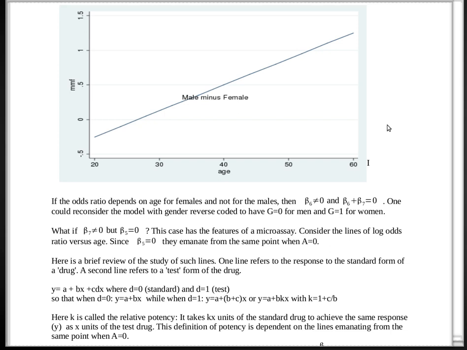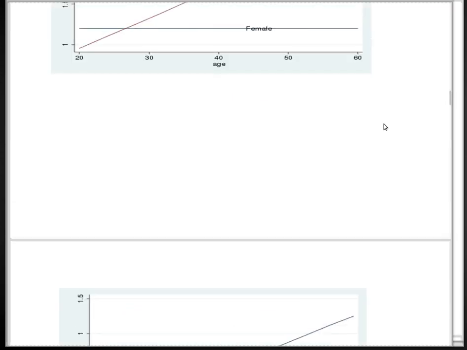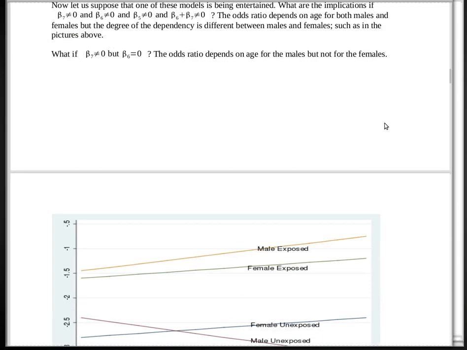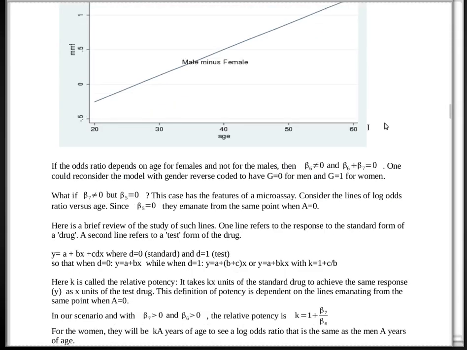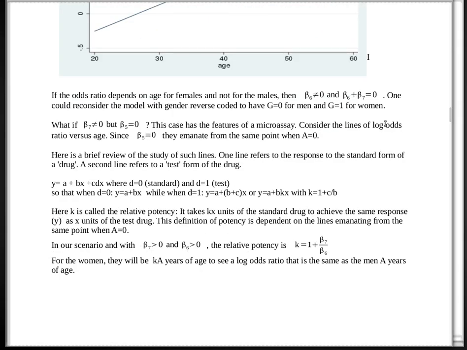So that's beta 7 non-zero, but beta 6 0. Okay, let's now take a look at the circumstance in which beta 7 is not 0, but beta 5 is 0.